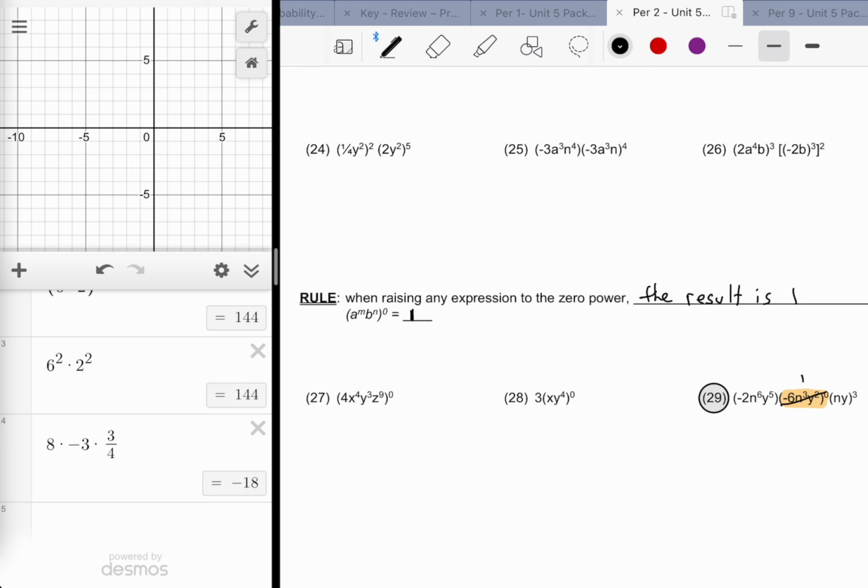That's equal to a 1, which makes it irrelevant. All right, going back to number 27, look how crazy this one looks, but it's raised to the 0th power, so the result is equal to 1. All right, so there's not really much to do there. I mean, there's nothing to do. That one's already done. All right, but 29 has other stuff going on that we have to handle.